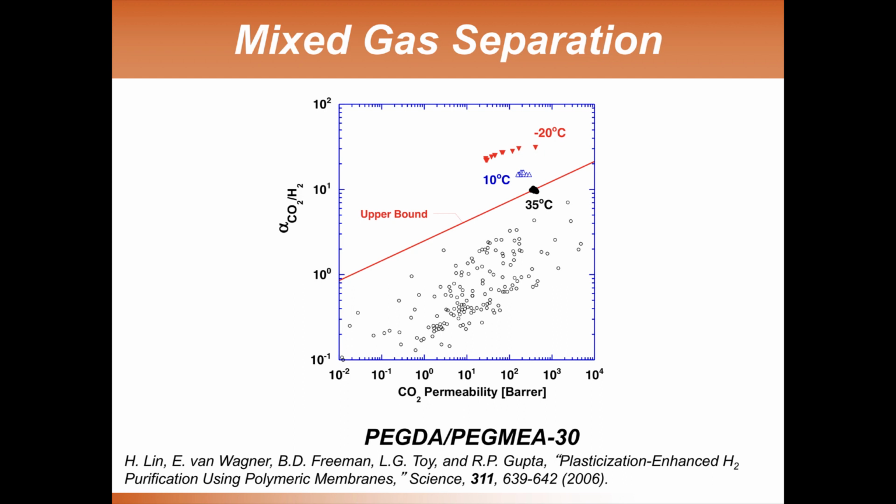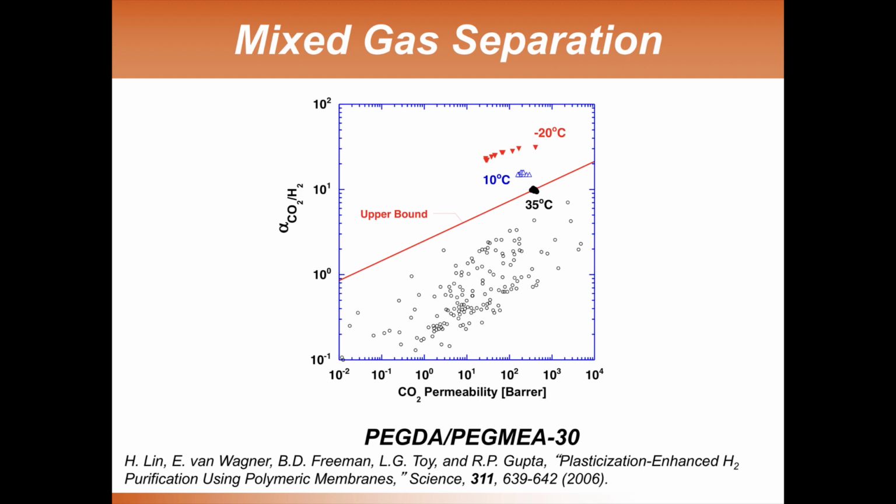And so these same membranes now have become the standard for carbon capture membranes, and field tests have been run at up to 20 tons of CO2 captured per day, and then another test is planned in the near future for 100-ton CO2 capture per day.